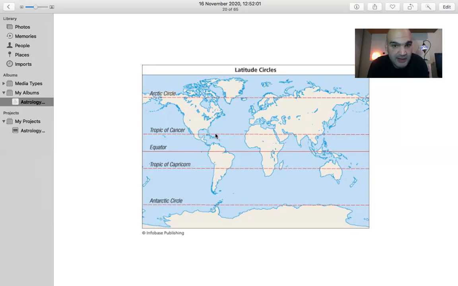So when the sun is up here, it's summer in the northern hemisphere and winter in the southern hemisphere, and vice versa. When the sun is down here, it's summer in the southern hemisphere and winter in the northern hemisphere. And like I said, the sun is traveling along every day, but obviously it's going up and down throughout the year. So it goes up for half the time and down for half the time.